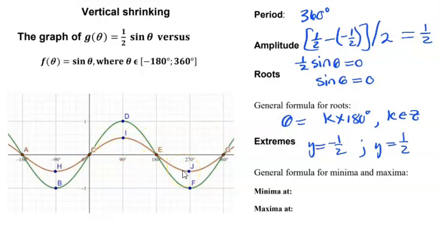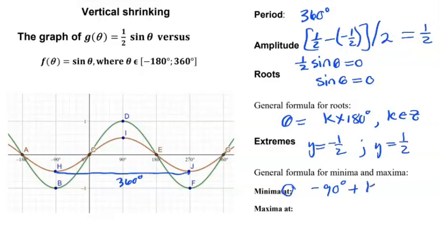So the minima, we can write down the horizontal or the independent variable here, which is minus 90 degrees. Plus, again, from there to the next minimum, we have 360 degrees.